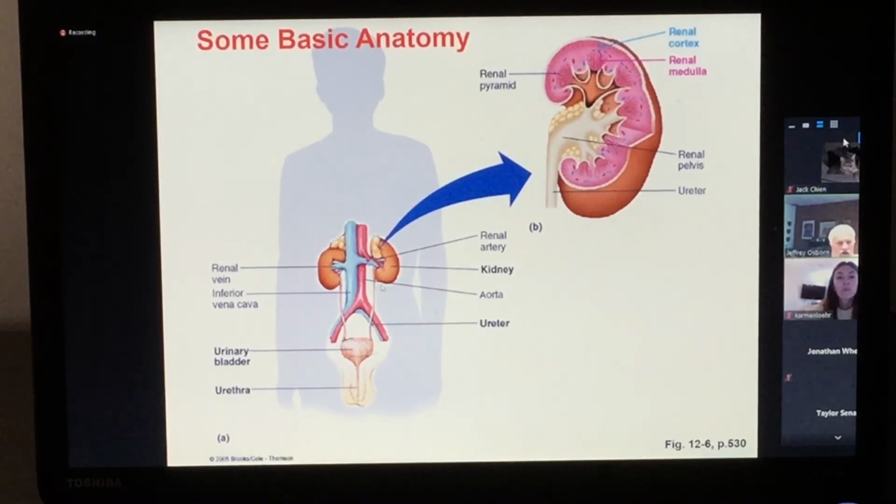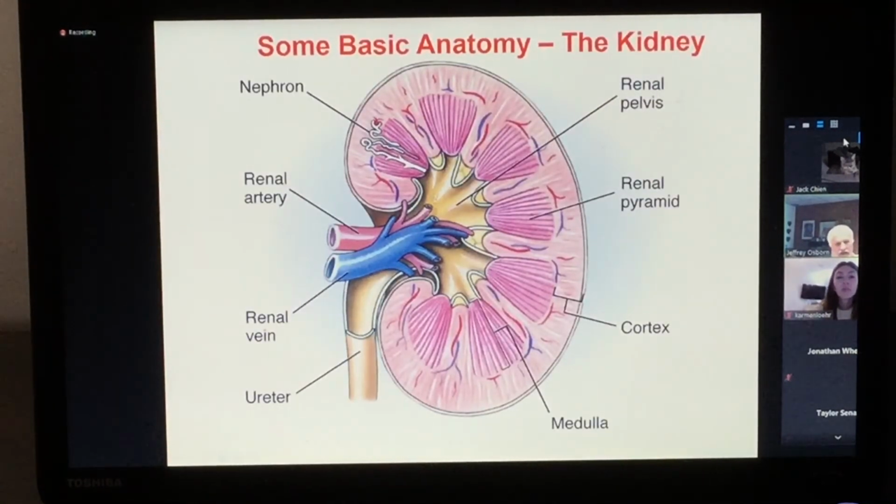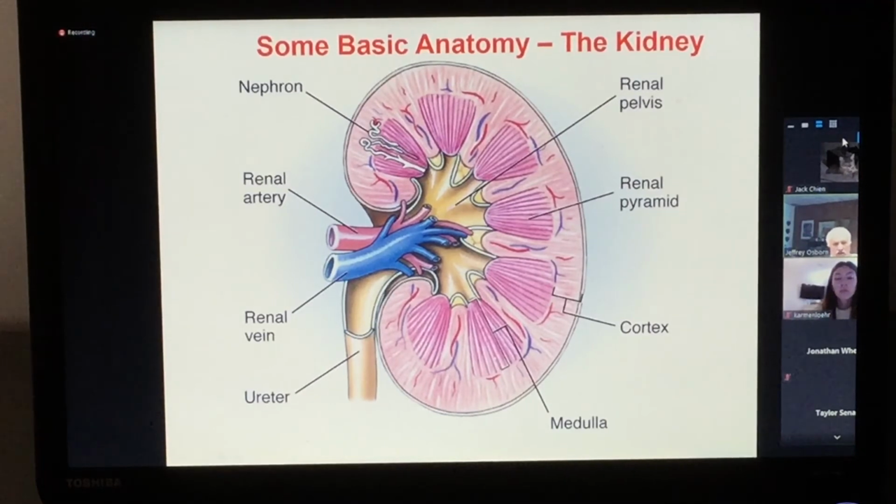The aorta connects to the renal artery, which then branches inside the kidney off to a number of renal pyramids that you see here. In the human and many mammalian kidneys, you have multiple pyramids within each kidney. If you're a rat or a mouse, your entire kidney is made up of a single pyramid.